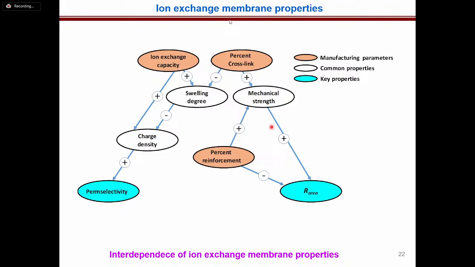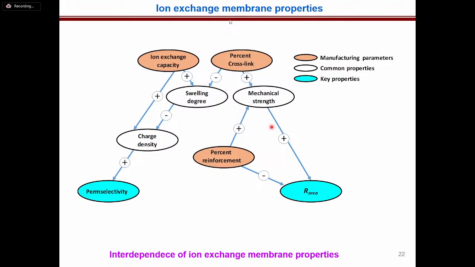So these different properties are very difficult to control in the lab, and that is basically what we deal with when we make membranes for the different applications. And that is, as I told you before, a very difficult challenge in ion exchange membranes.